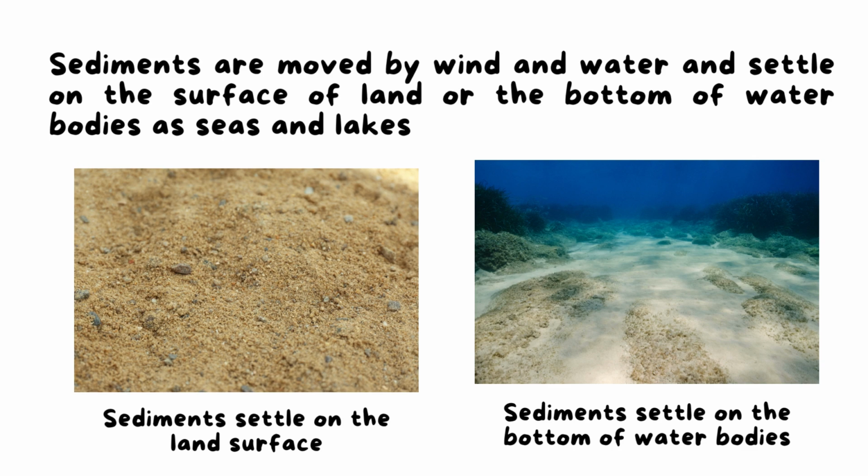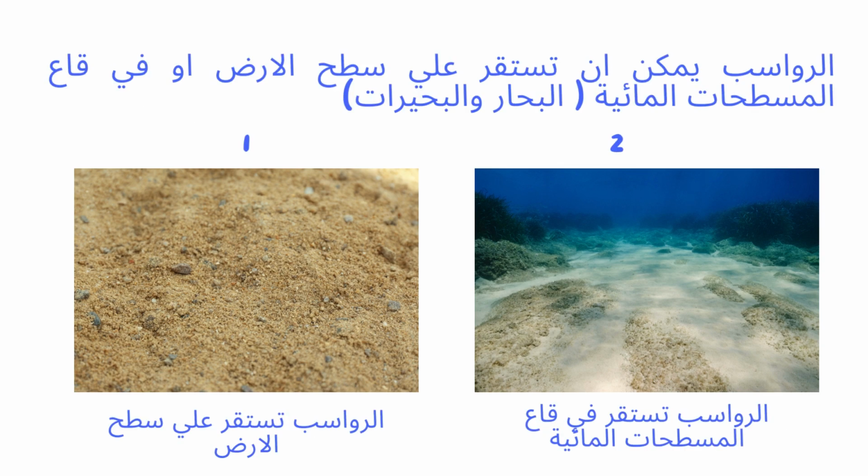Even after it moves, it stops or settles on the surface of land or at the bottom of a water body such as a sea, a lake, or a river, okay? Here, the first picture shows sediments settling on the land surface. And this is the second picture, sediments settling on the bottom of water bodies, okay?